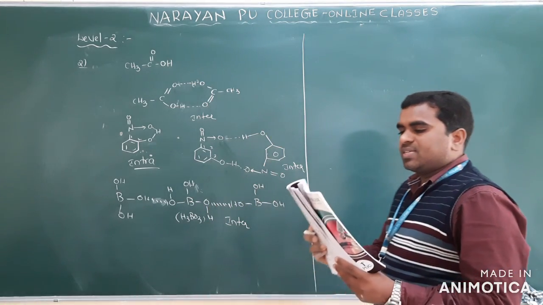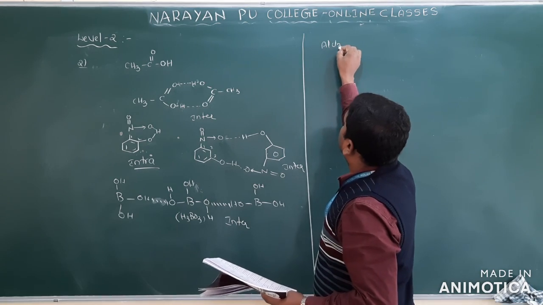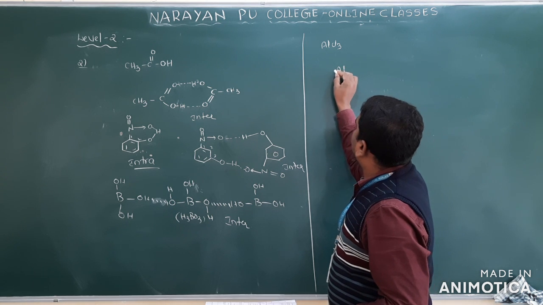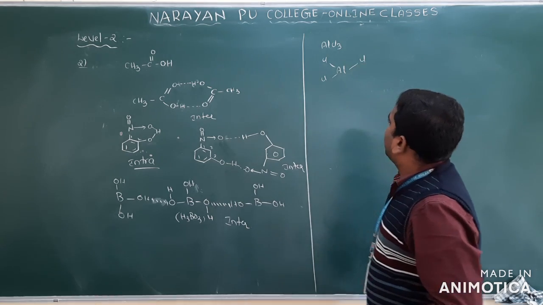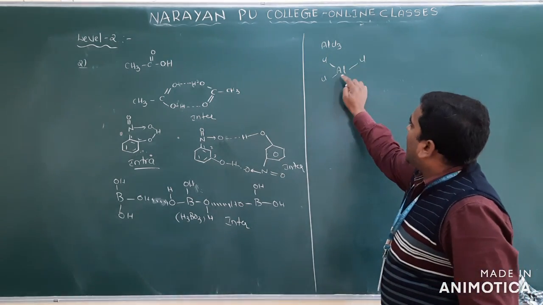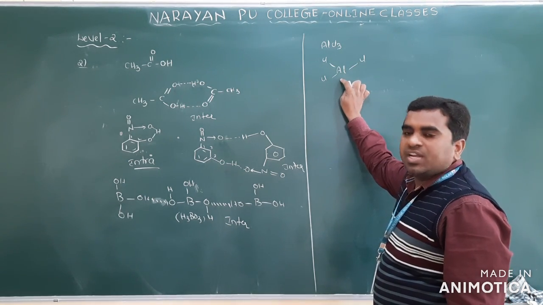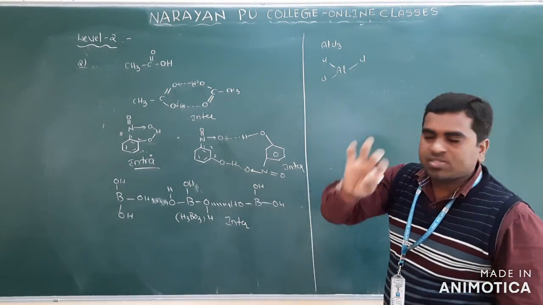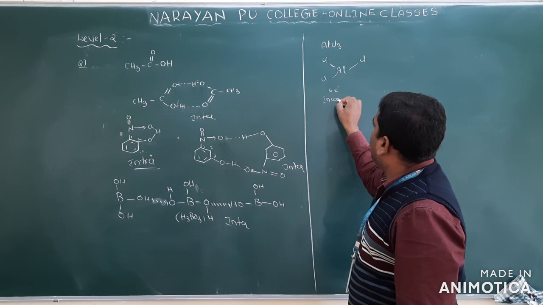What is the shape of the AlCl3 molecule? Al, and here there will be Cl and Cl, and I will write Cl here. Is this a complete octet or an incomplete octet? It is incomplete, because around the aluminum, how many bonds are there? 3 bonds. 3 bonds means how many electrons? 6 electrons means incomplete octet.